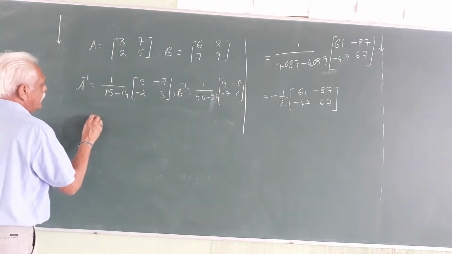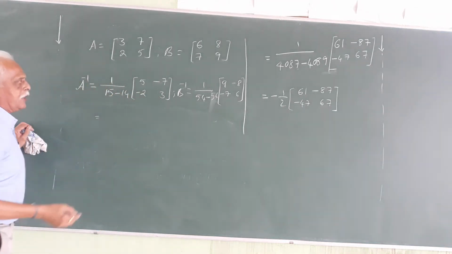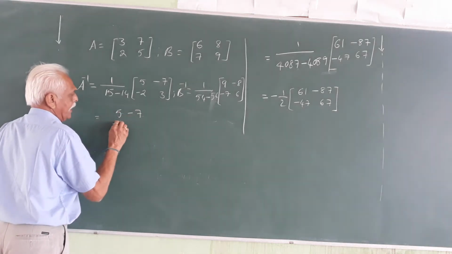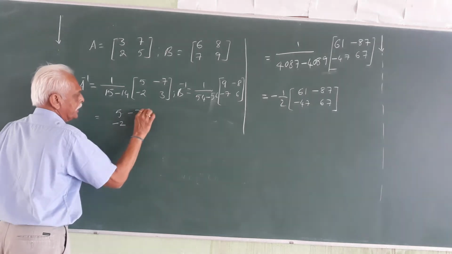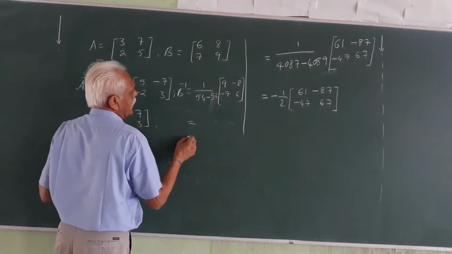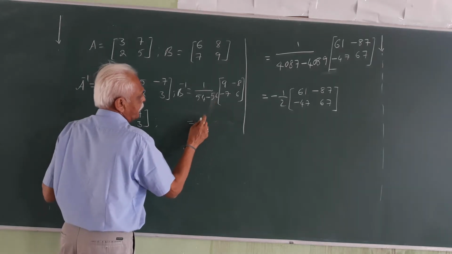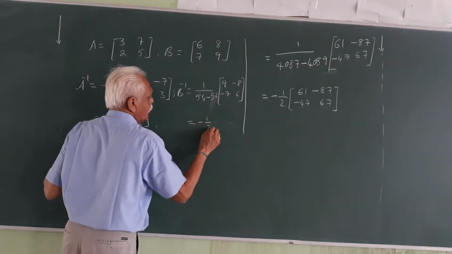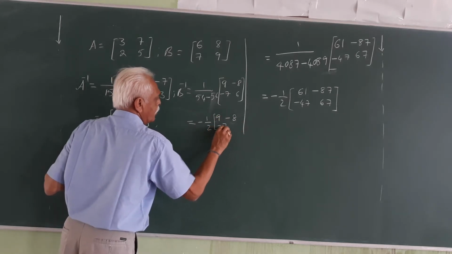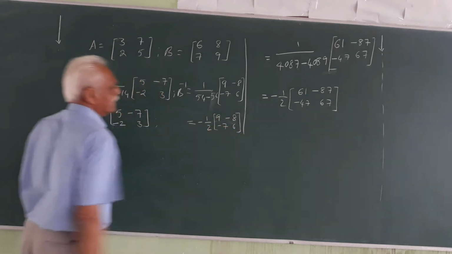For A, it is nothing but 15 minus 14 is 1, so you will be getting [5, minus 7; minus 2, 3]. Then B inverse is equal to 54 minus 56 is minus 2, so minus 1 by 2 into [9, minus 8; minus 7, 6].